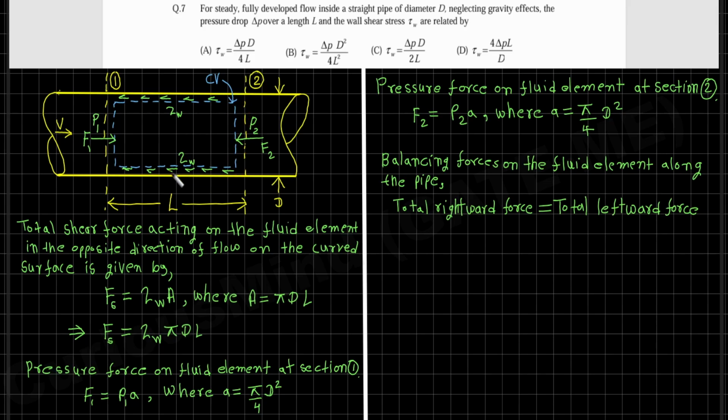And the third one is the total shear force, that acts in this leftward direction on the curved surface of the fluid element, which is cylindrical. So the total rightward force is equal to F1, and the total leftward force is equal to F2 plus this total shear force, that is Fs.